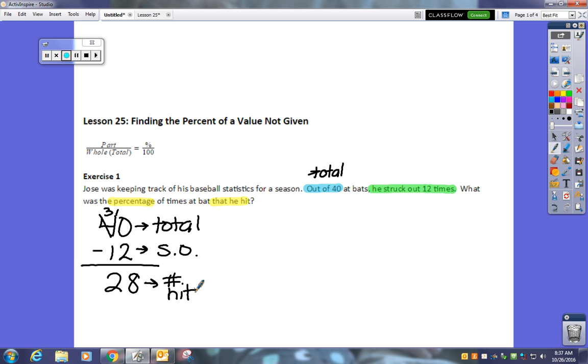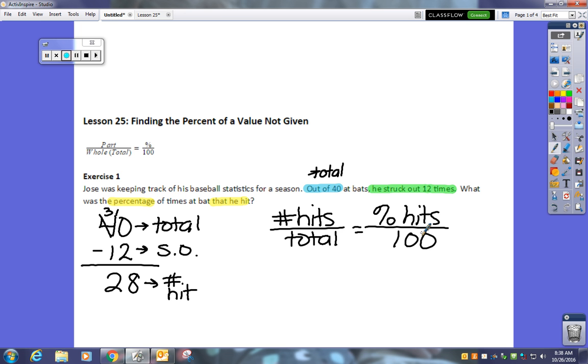When we go to set up our equal fractions, we would have the number of hits over our total being equal to the percent of hits over 100. Same setup as yesterday.